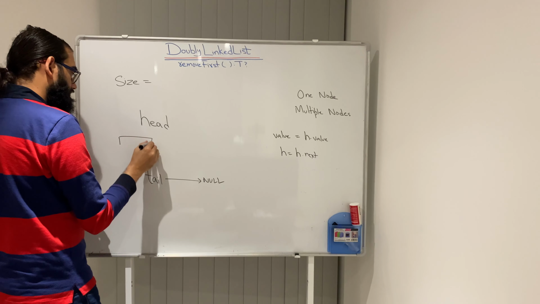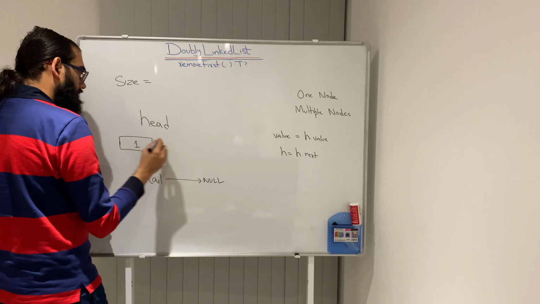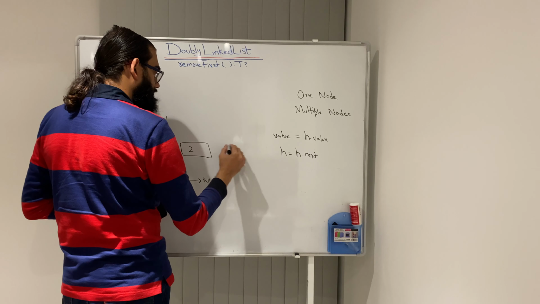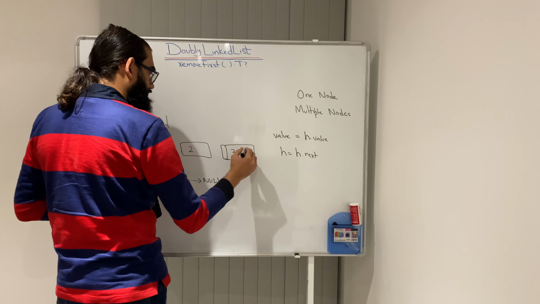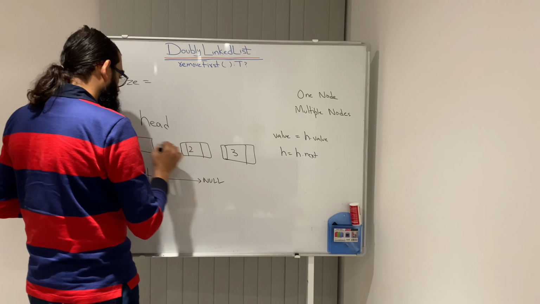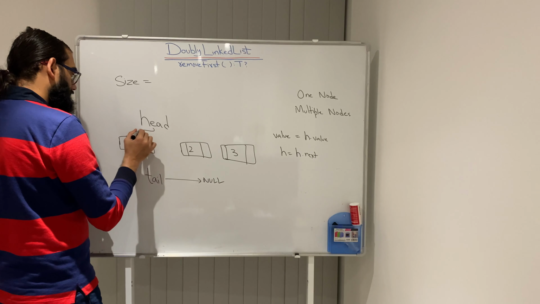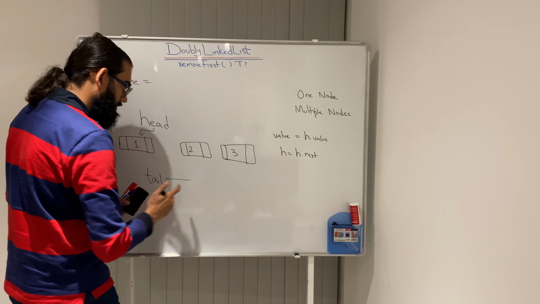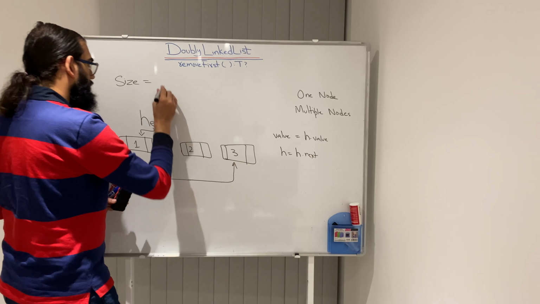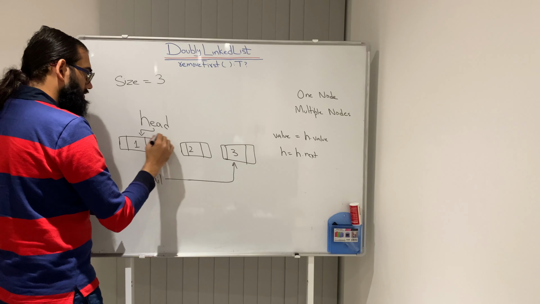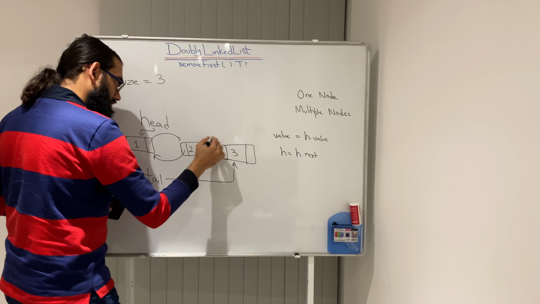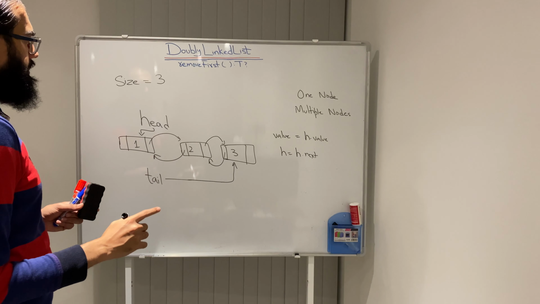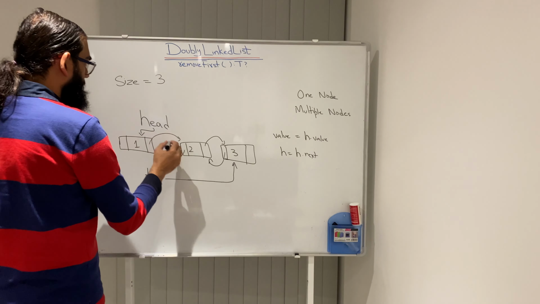So I have 1, 2 and 3. So head is currently 1, tail is currently 3, size is 3, and head is this. So this is our list. In this case we also need to understand the memory leak.